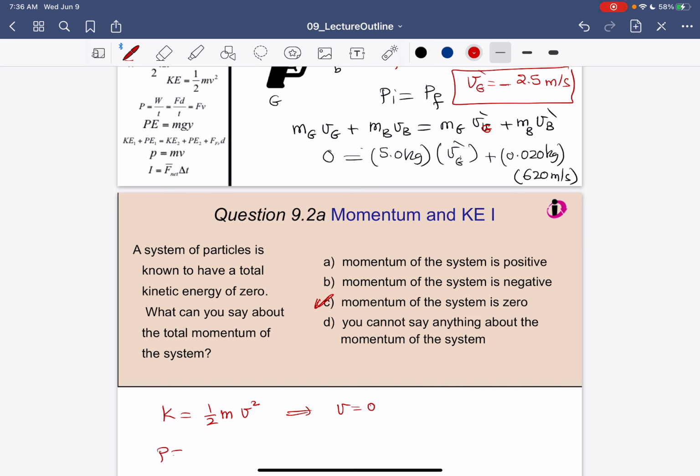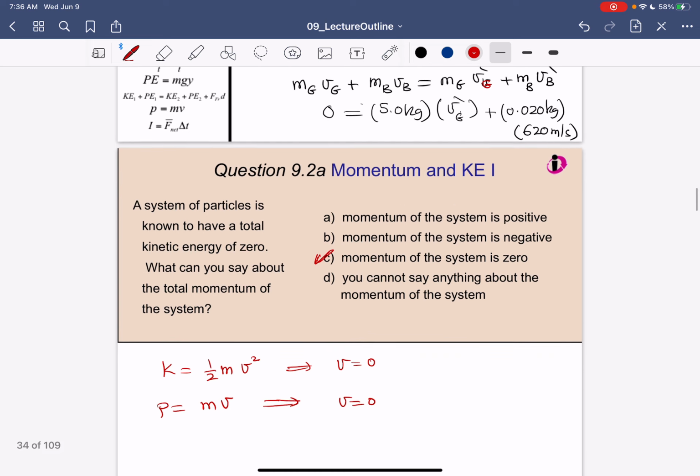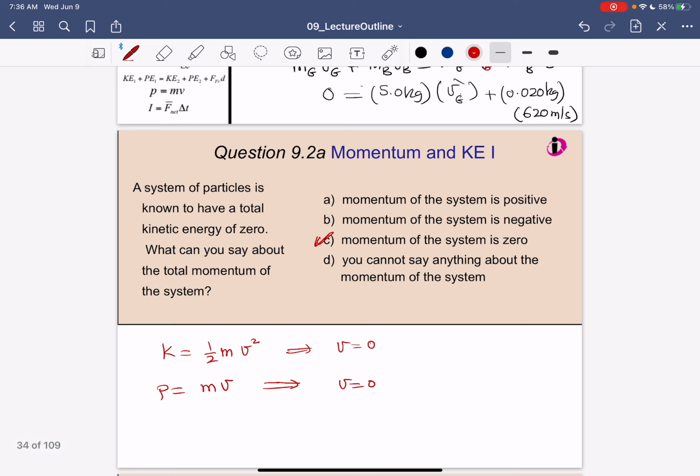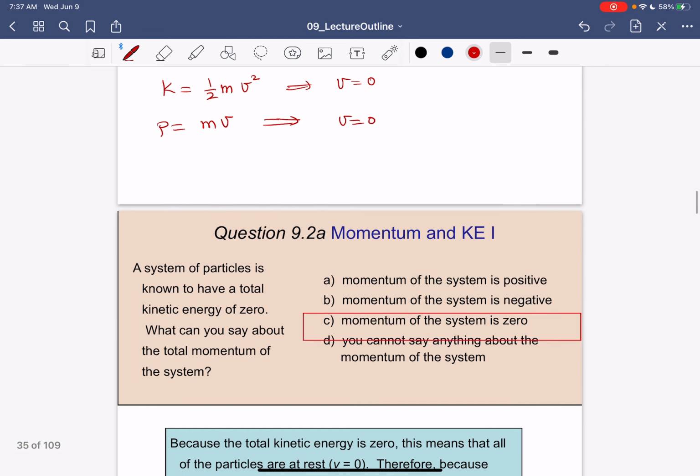And momentum is m times v. Then I don't have velocities, so the momentum also adds to 0. Then the momentum of the system is going to be 0. And we're going to see what happens if it is the reverse. What if my momentum is 0? Can I say that all the kinetic energies are really 0? We're going to answer this question later in this chapter.